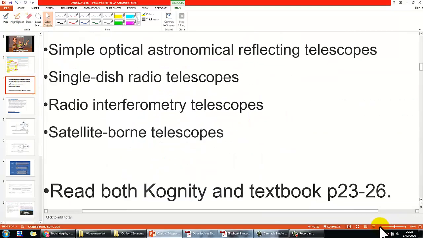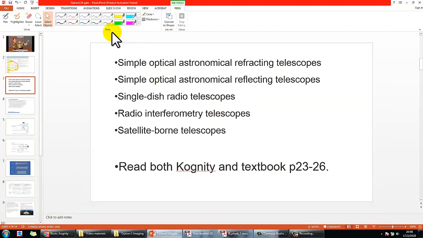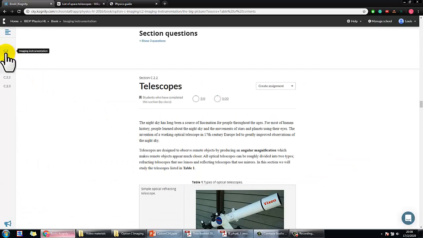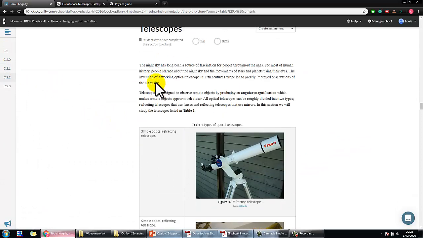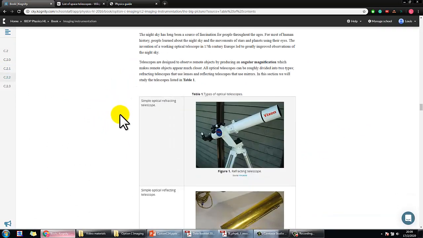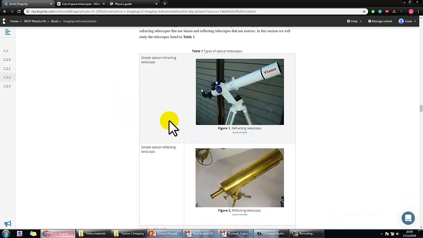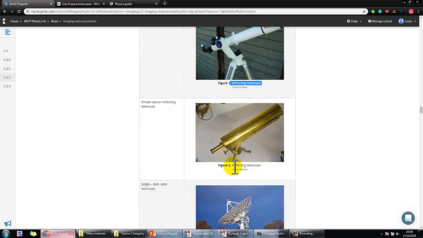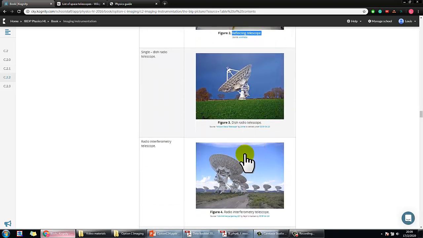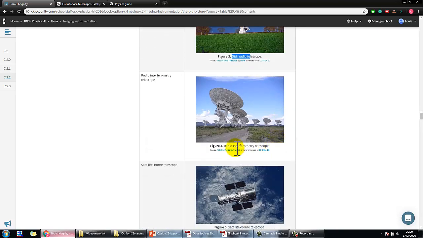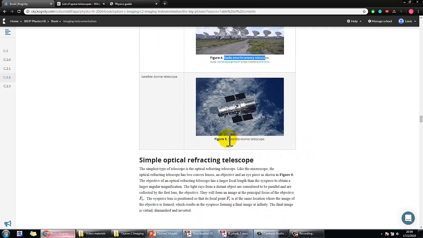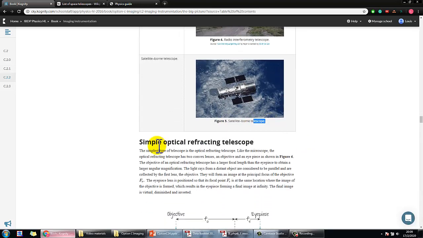Before we start, as usual, I want you to read the textbook, pages 23 to 26. I also want you to read the Quantity. Under C2, there is a section about telescopes. Here are some diagrams of different telescopes, including the refracting telescope, reflecting telescope, the single dish radio telescope, the array of telescopes, and the satellite-borne telescope.